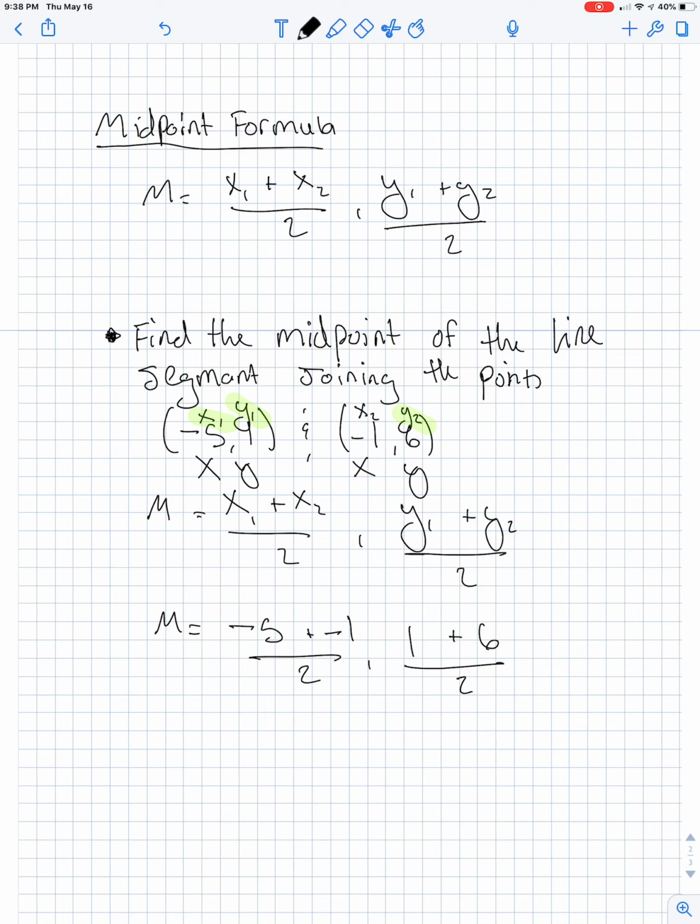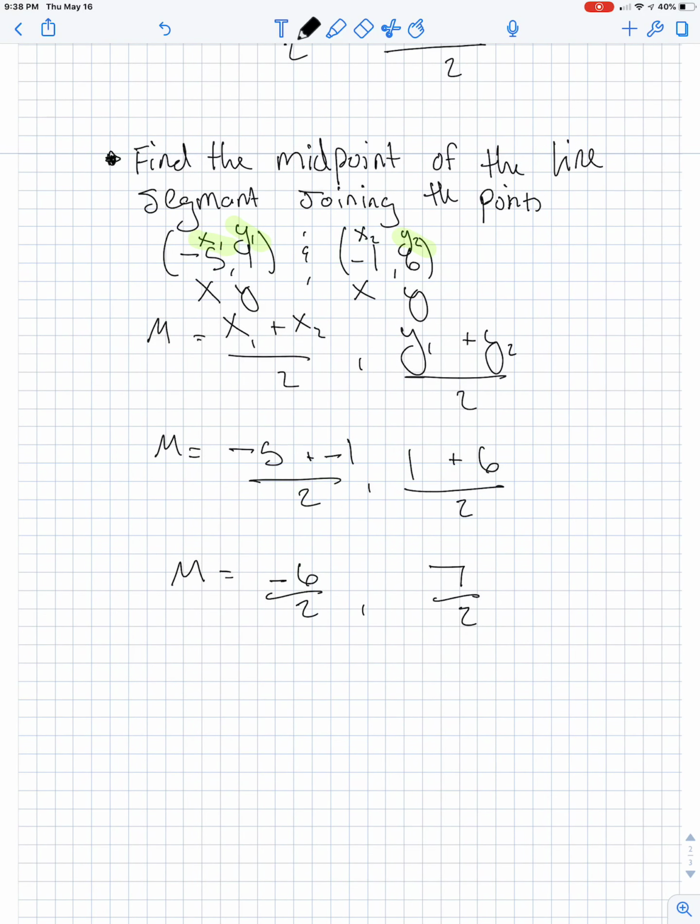Alright. So what you have, m equals -6 over 2, which goes out to -3, and m equals 7/2. And that's your final answer.